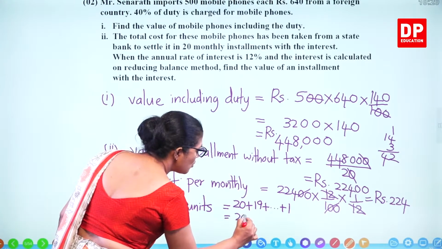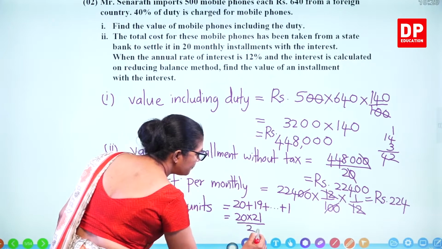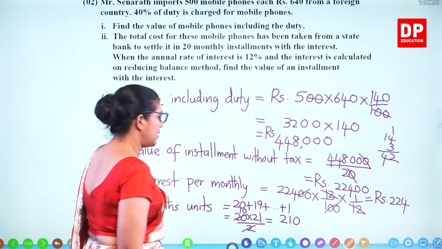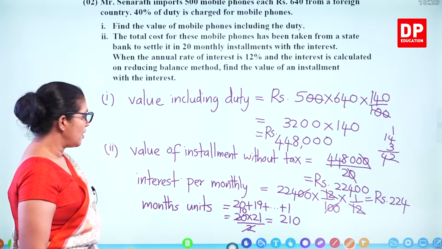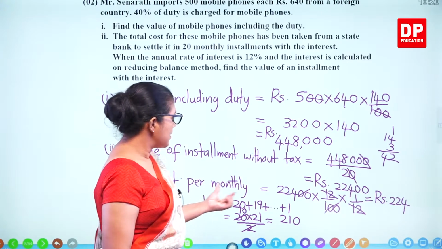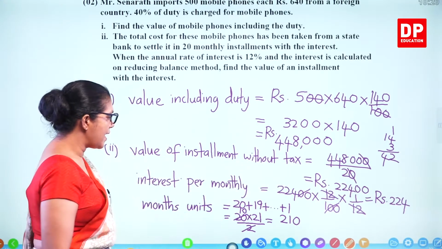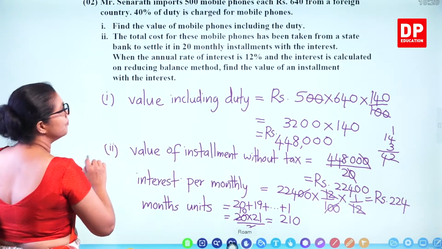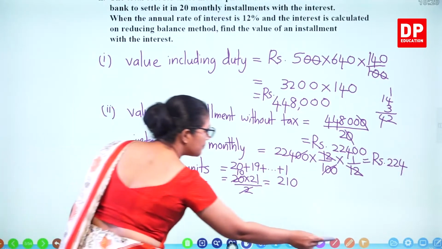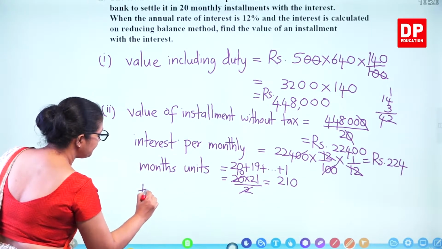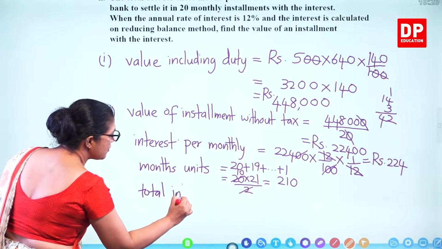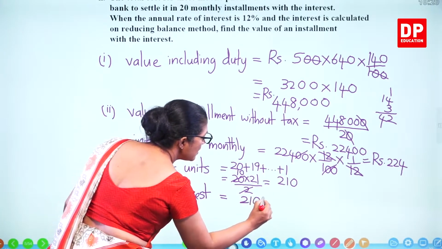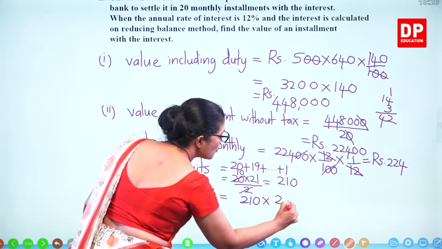This is 20 into 21 over 2. 210 month units are there. So each interest is this. So here you have to multiply and find out the total interest that you have to pay. So what's the total interest? 210 month units are there, each 224.